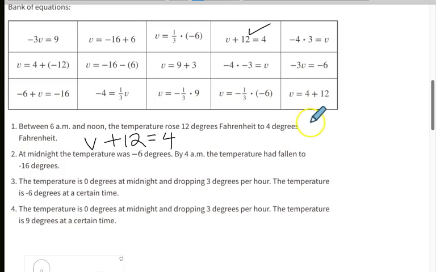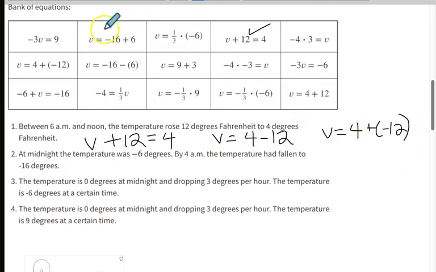We could find another equation because we can just rewrite this problem. We can say V equals, well, we want to know what V equals. V equals 4 minus 12, because I could just subtract 12 from both sides. V equals 4 minus 12. We could also say that V equals 4 plus a negative 12.